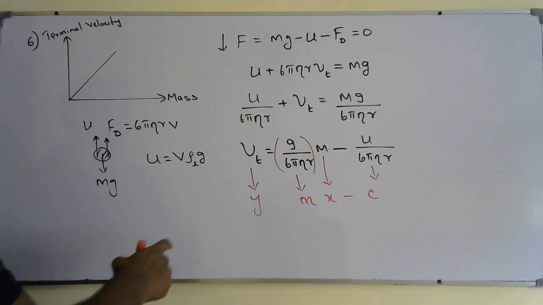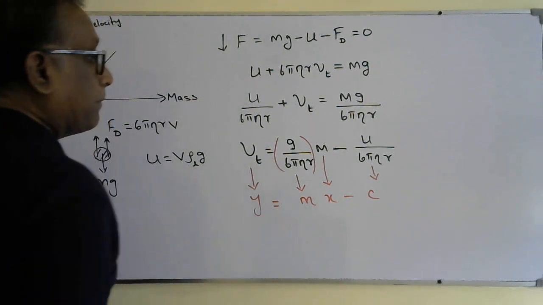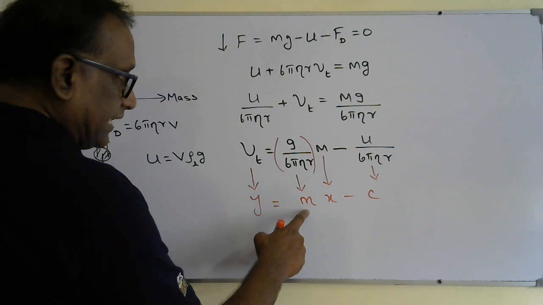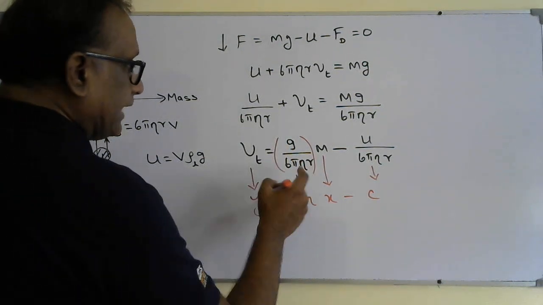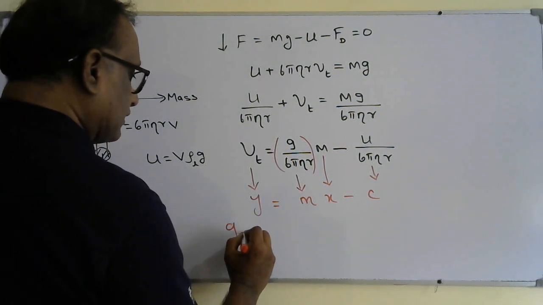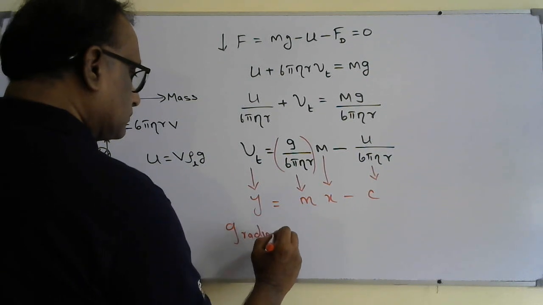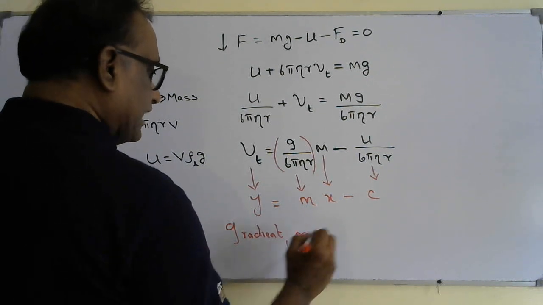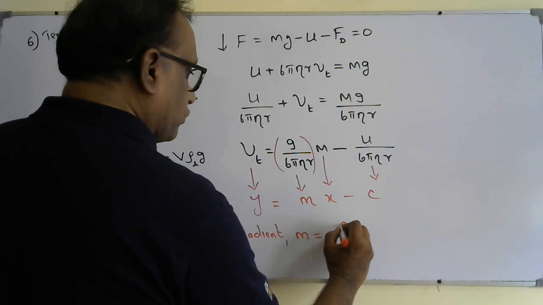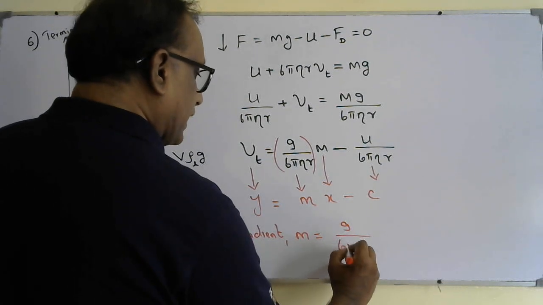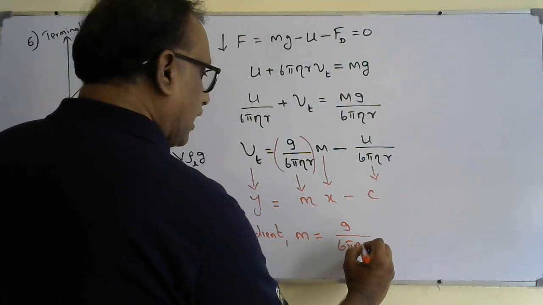It's a straight line graph, y equals mx minus c. So the gradient m is g over 6 pi eta r.